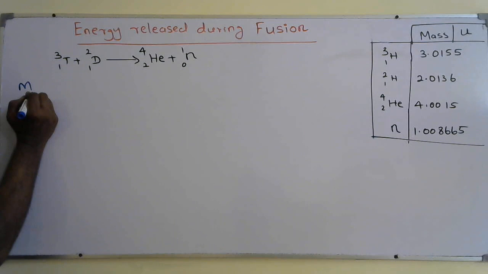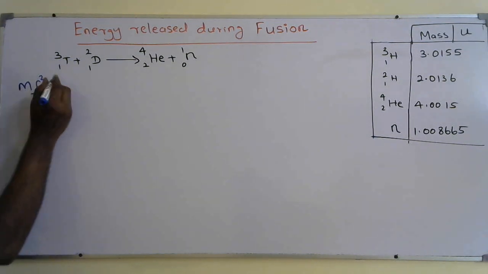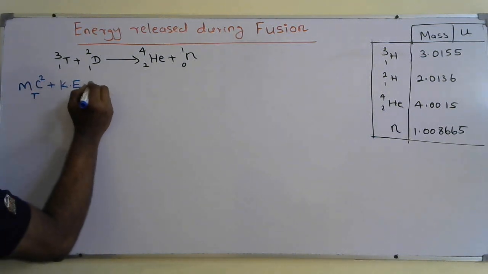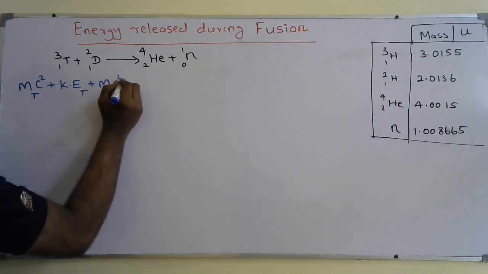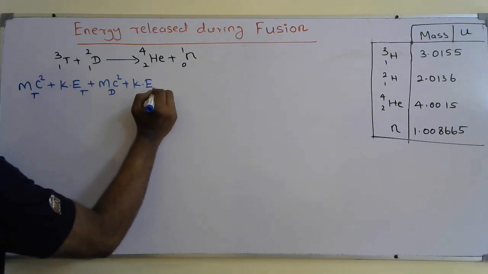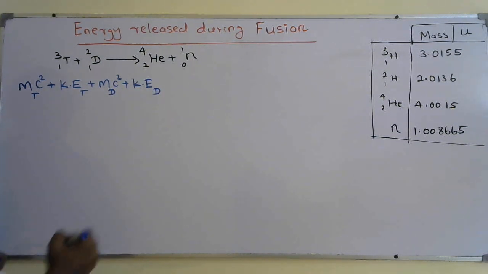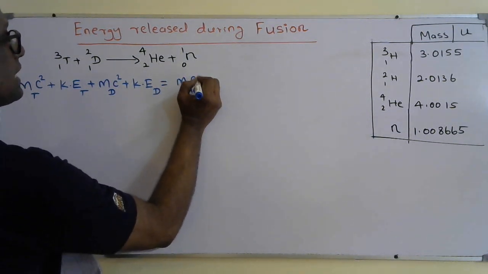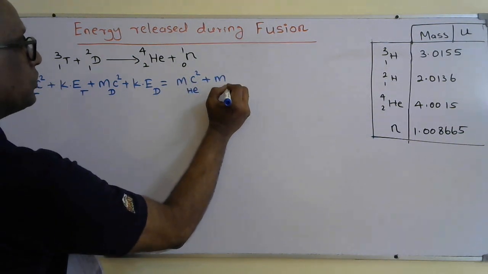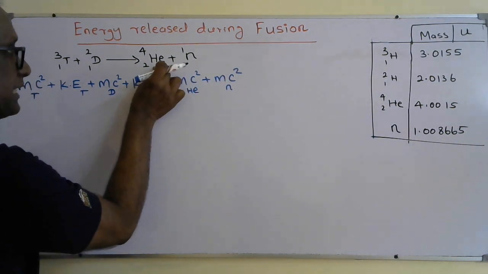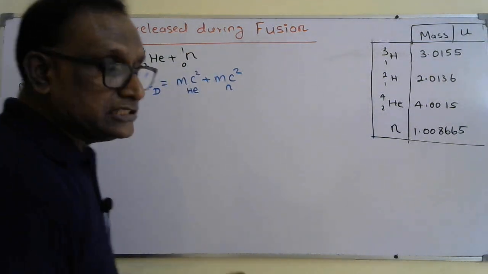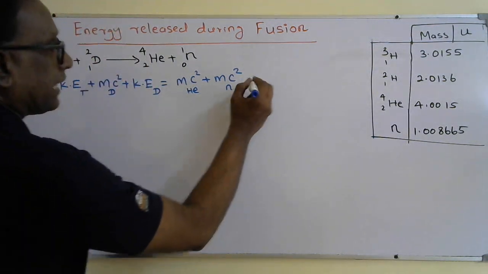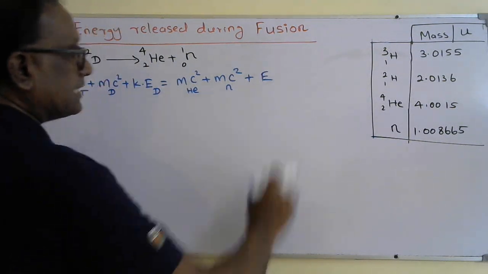Mass of tritium times C squared plus kinetic energy of tritium, plus mass of deuterium times C squared plus kinetic energy of deuterium, equals mass of helium times C squared plus mass of neutron times C squared, plus kinetic energy of helium, kinetic energy of neutron and thermal radiation, all types of energy released together, which I put as E. We need to find this E.